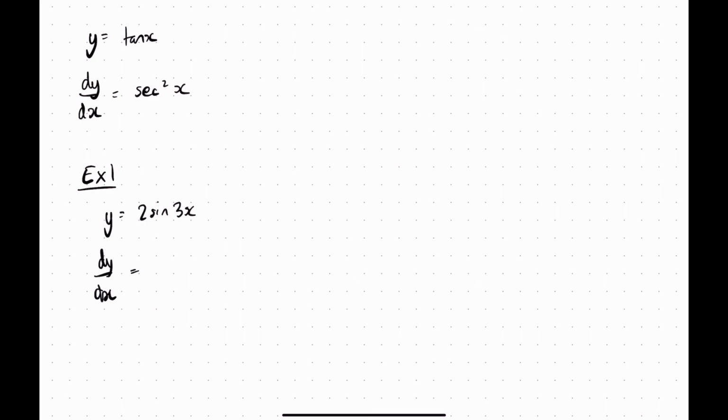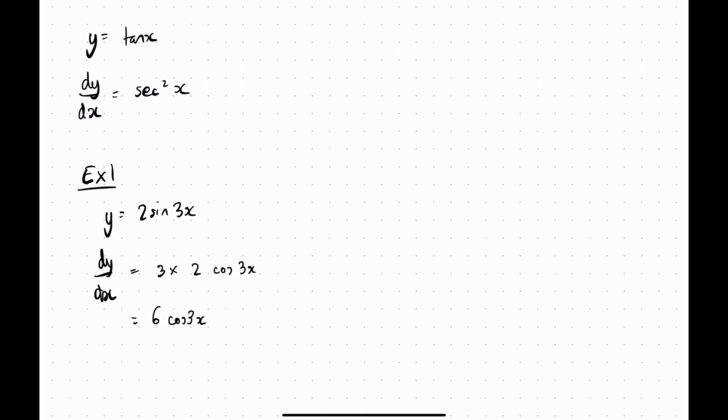Well, basically, you take the differential of the 3x, which is 3, and you multiply by it. So it just becomes 3 times 2 cos 3x, because sine differentiates to cos, so this becomes 6 cos 3x.